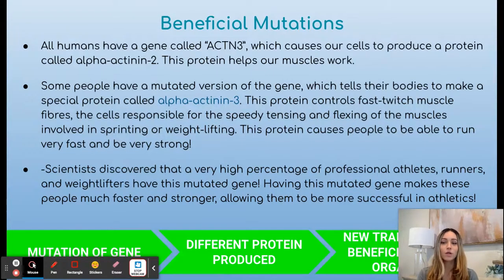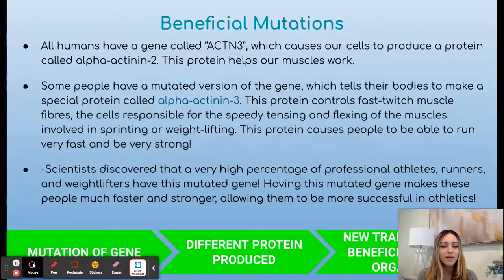So in humans, we have a gene called the ACTN3 gene, okay? On this gene, this causes our cells to produce a protein called alpha-actinin 2, which is a protein related to muscle function, okay? Some people, not the majority, but some, have a mutated version of this gene, which gives directions to produce a different protein called alpha-actinin 3.